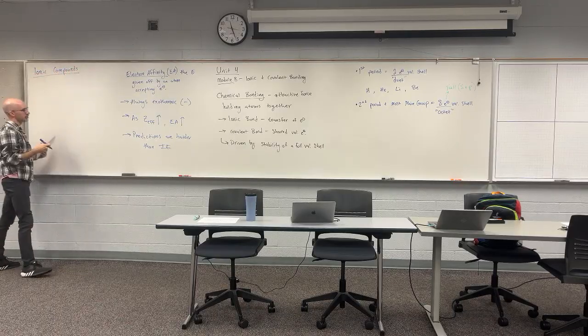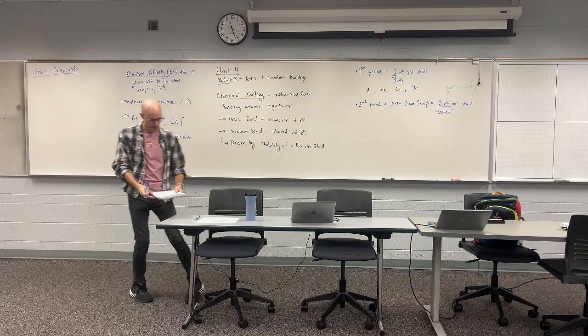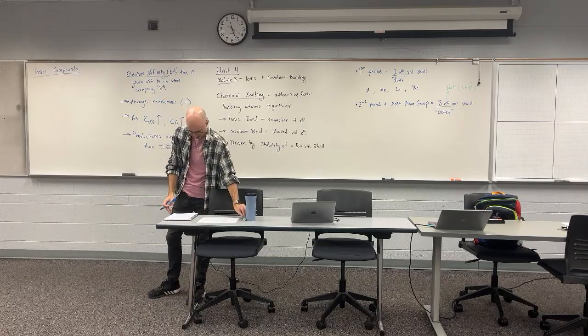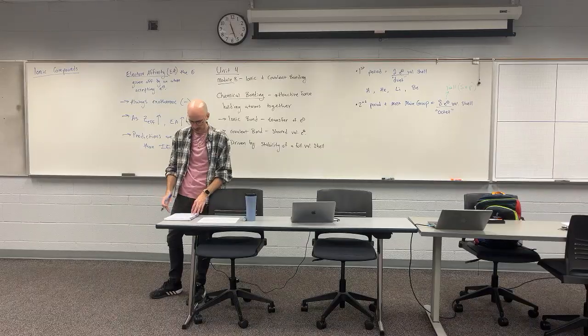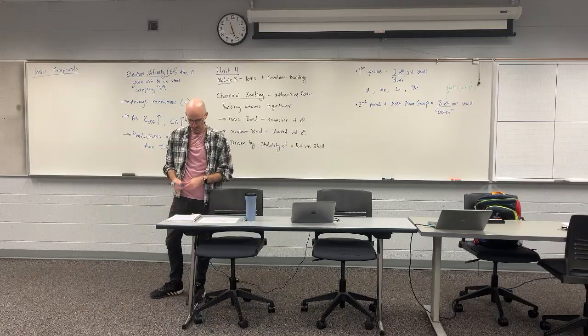All right, we're diving into ionic compounds. If this goes well, I'm going to be able to contrast it with our covalent compounds, so we'll keep things kind of paired between them.